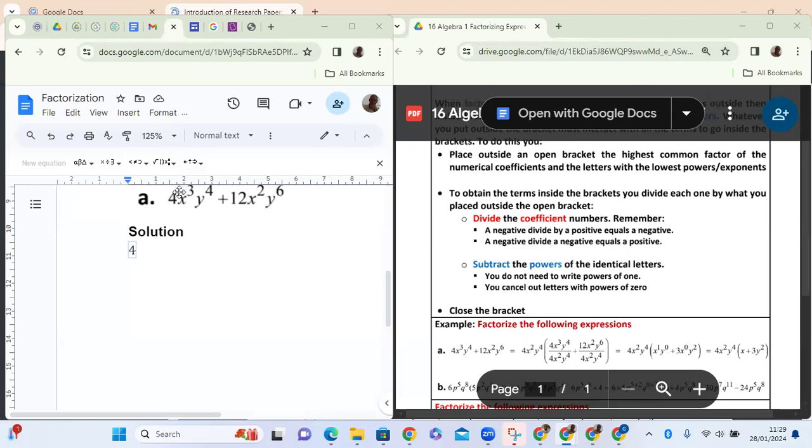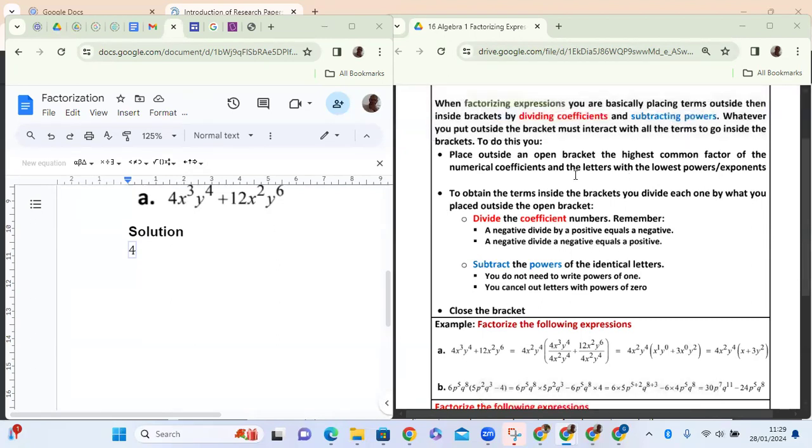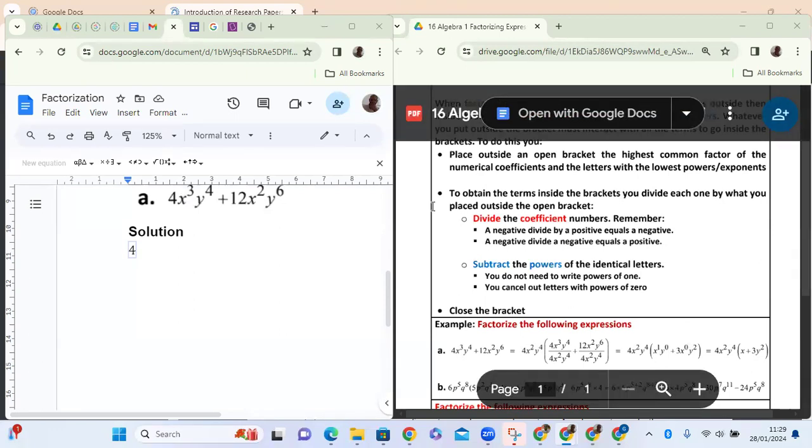With the letters, you can see there are X's and Y's. So let's deal with the X first. You have to look at the letters with the lowest power. It will be the highest common factor. You have X cubed and X squared. The highest common factor between X cubed and X squared is X squared. Agreed?